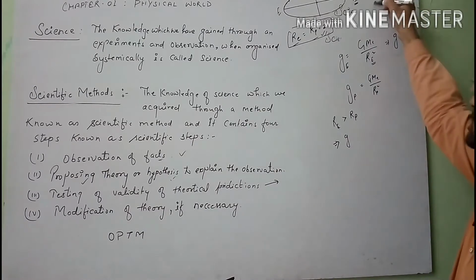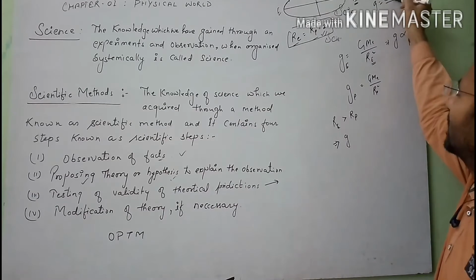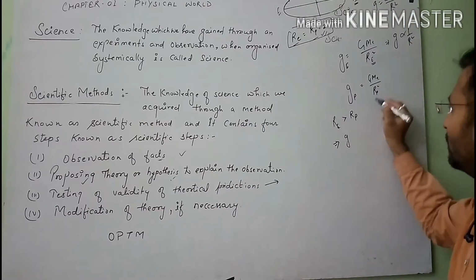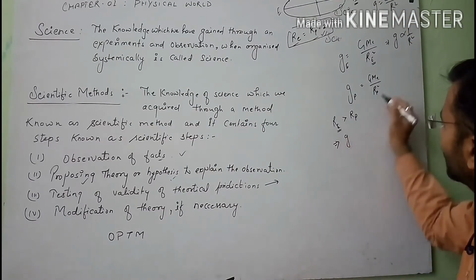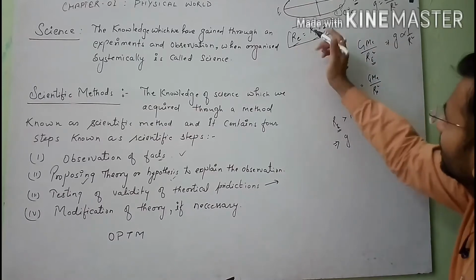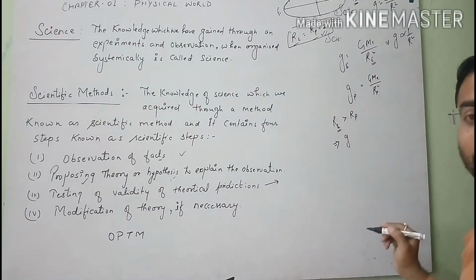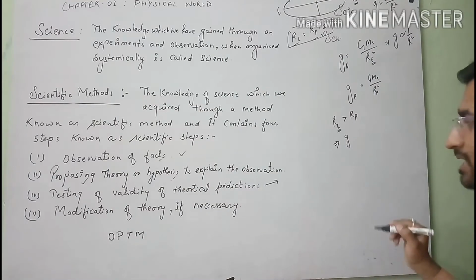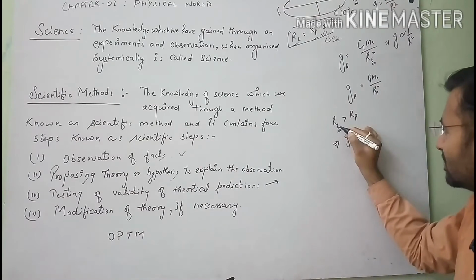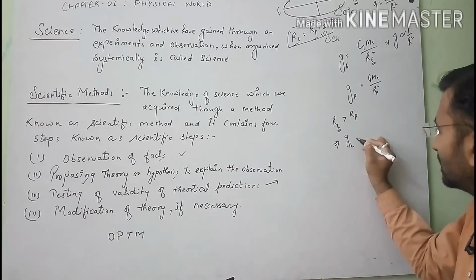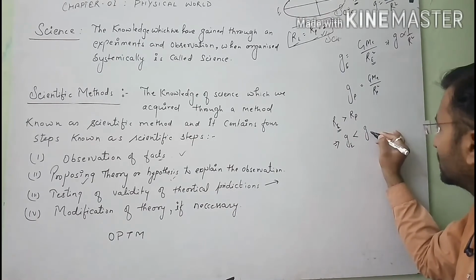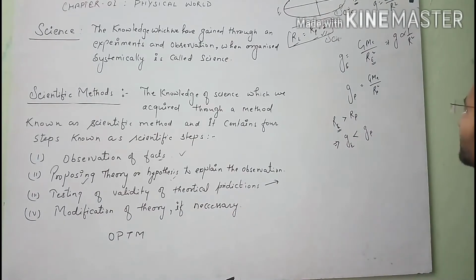You know this by the formula GMe by r square. So as Re, the equatorial distance, is greater than the polar distance, you can say that ge is less than gp. Clear? So ge is less than gp.